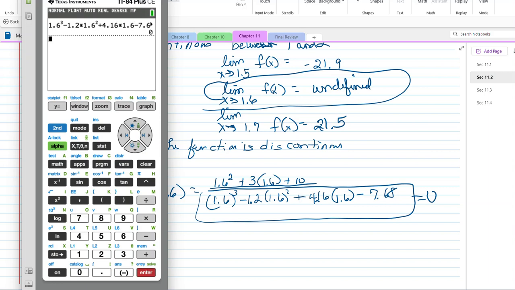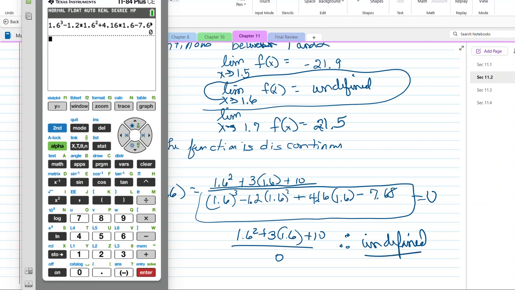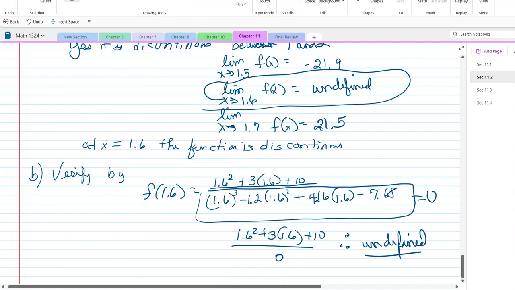If I have a 0, we're good, so then it doesn't matter what the top is. And that is discontinuous. So the limit did not exist. It was undefined. We did it by calculator, and we're done for this section.